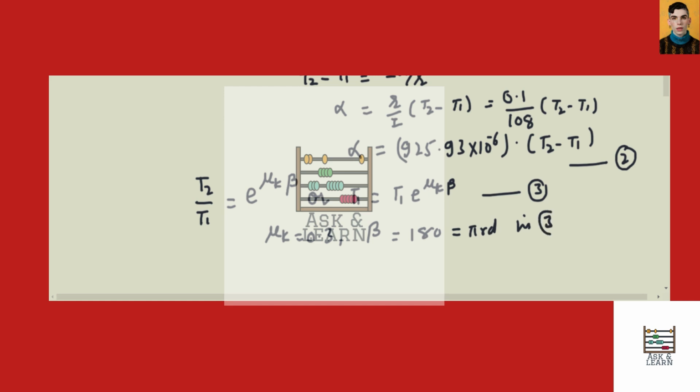Substituting in equation 3, T2 is equal to 2.5663 T1. This is equation 4.